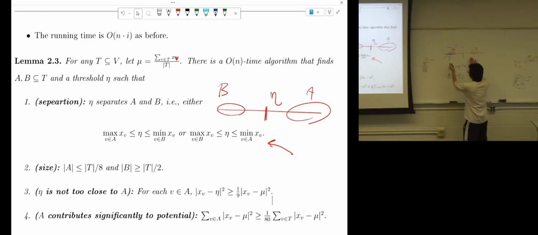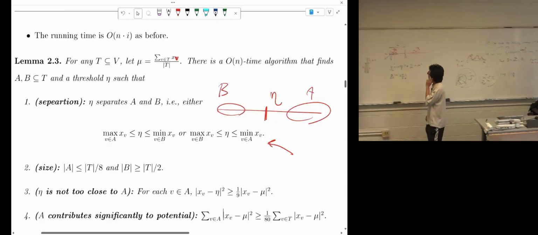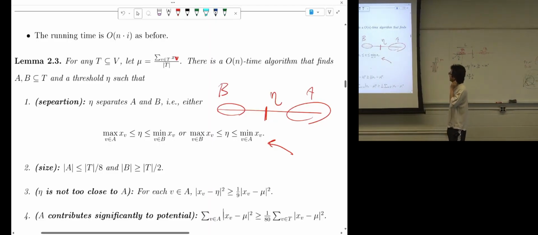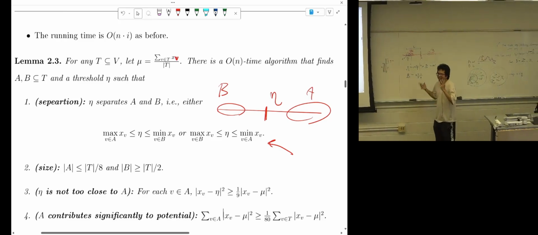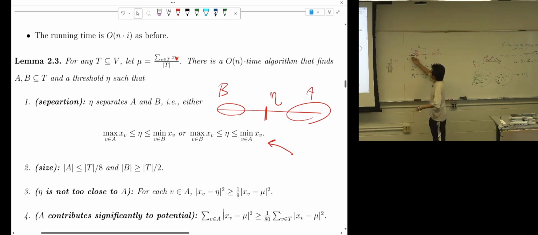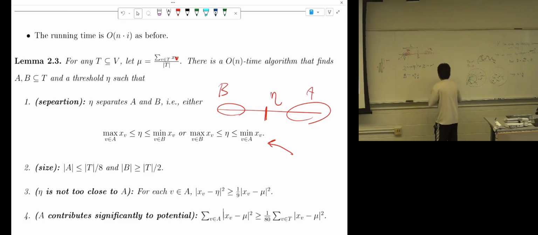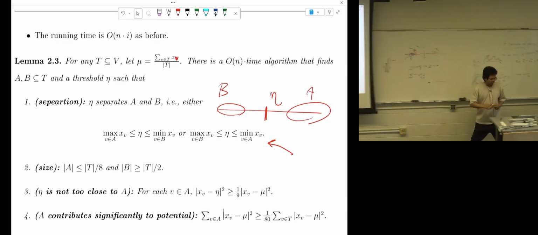So if they are balanced, you can just return the mean and take the most deviating set here. But what will happen if you cannot return this? Let's think intuitively about what can happen if this is not true. I claim this.